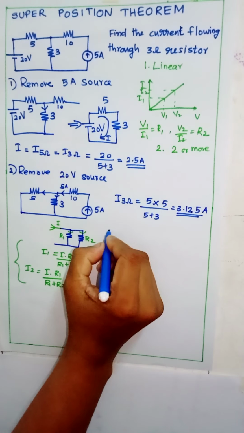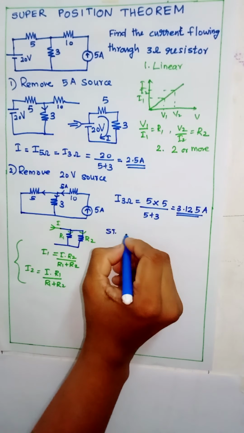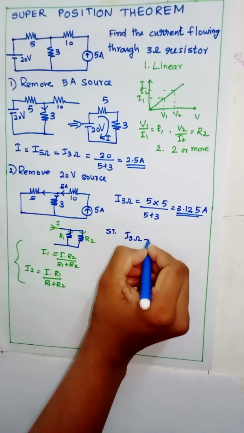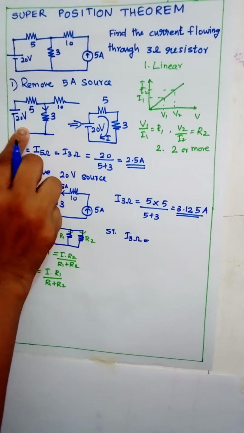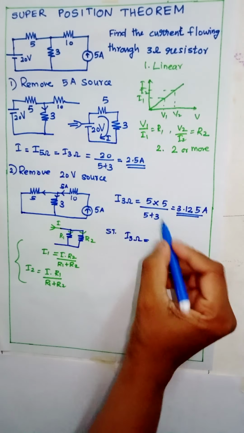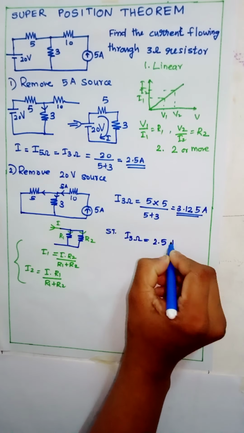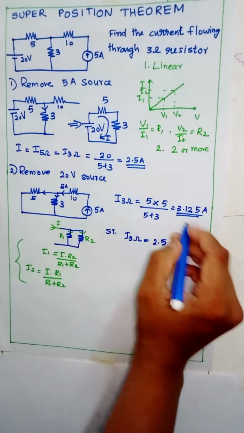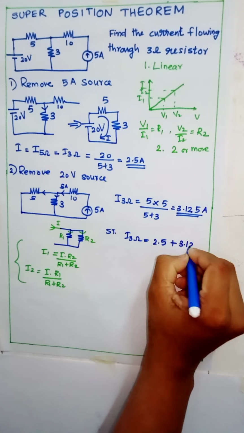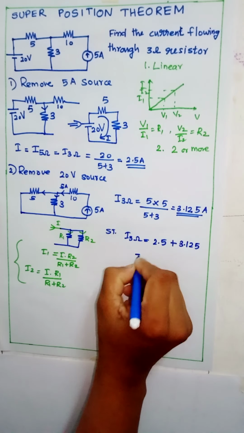Now, according to superposition theorem, the current flowing through 3 ohm resistor is equal to the current flowing through 3 ohm resistor with the first source, which is 2.5 ampere, plus the current flowing through the 3 ohm resistor with the second source, 3.125 ampere.